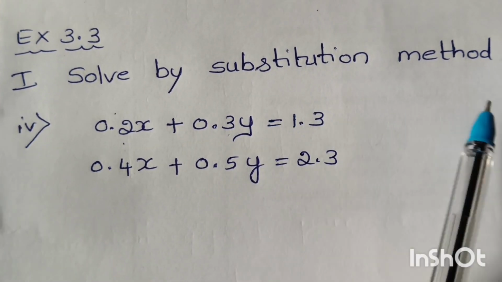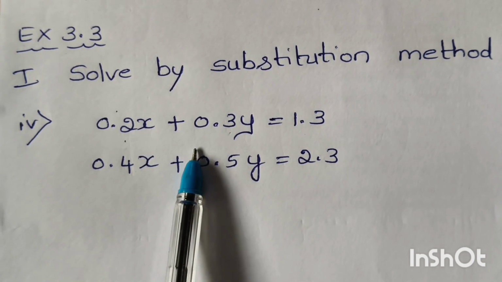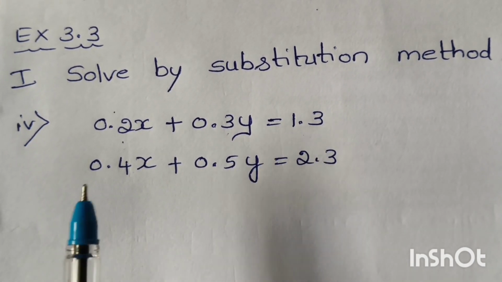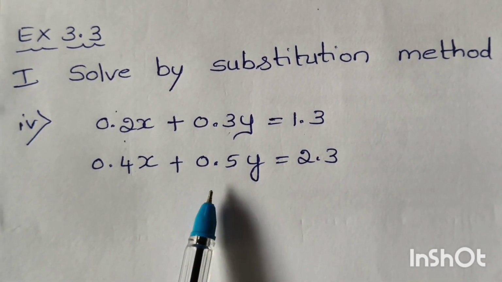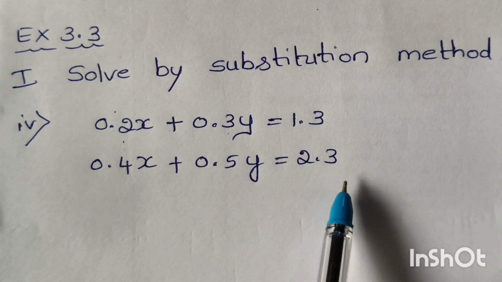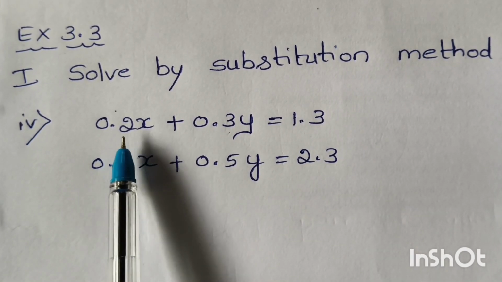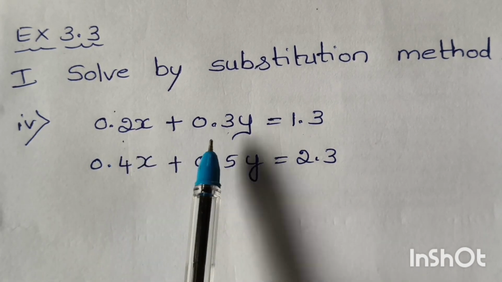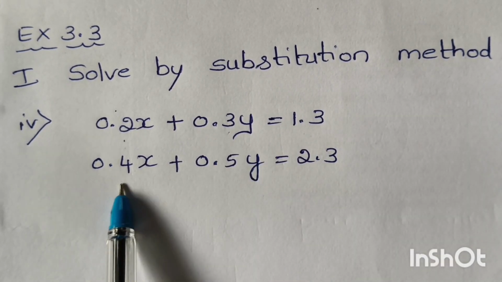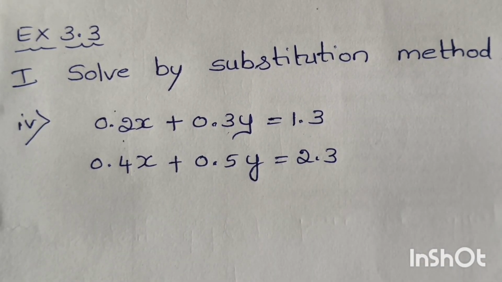Solve by substitution method. 0.2x plus 0.3y is equal to 1.3. 0.4x plus 0.5y is equal to 2.3. Now look at this. Here we have decimal numbers: 0.2, 0.3, 1.3, 0.4, 0.5, 2.3.